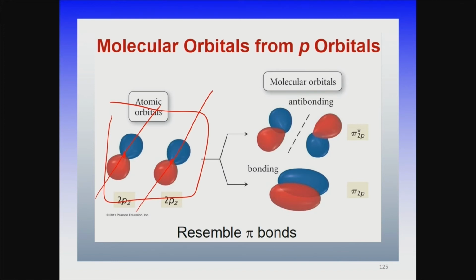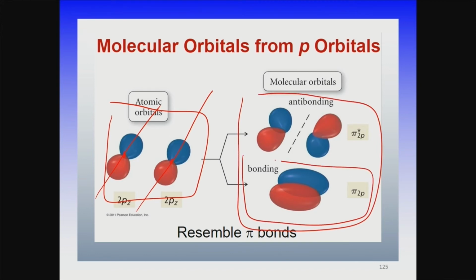And so when you merge those together, you get two molecular orbitals like you got before. One of them will be the bonding molecular orbital, and one will be the antibonding molecular orbital. The ones we just saw were where we mixed together two atomic p orbitals that were on the y-axis. Now we're mixing together two atomic p orbitals that are on the z-axis. The appearances of the molecular orbitals are the same, it's just that they're oriented in space a little bit differently.